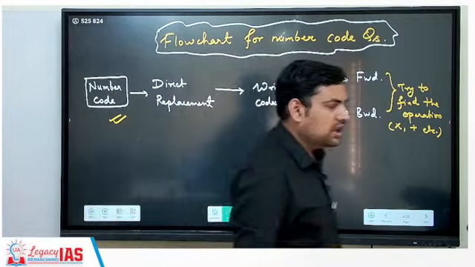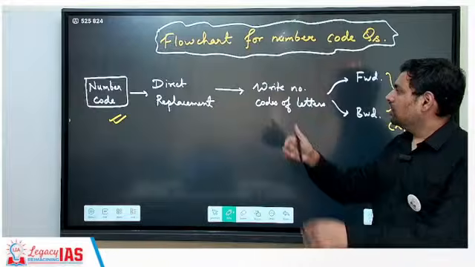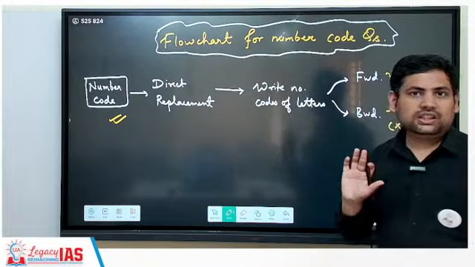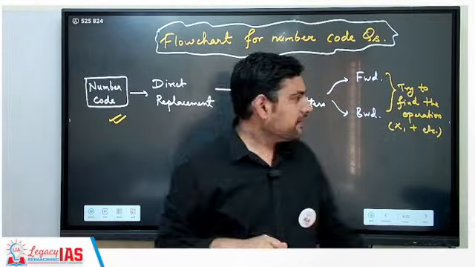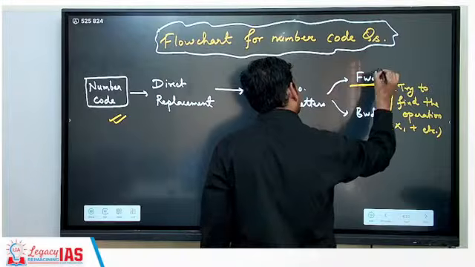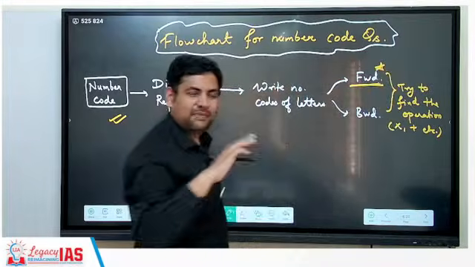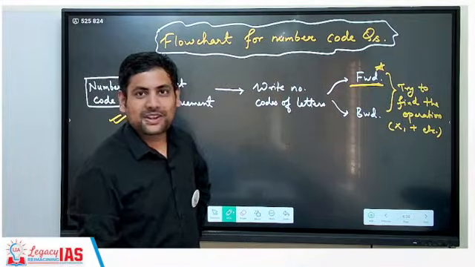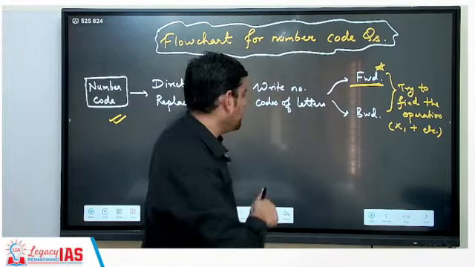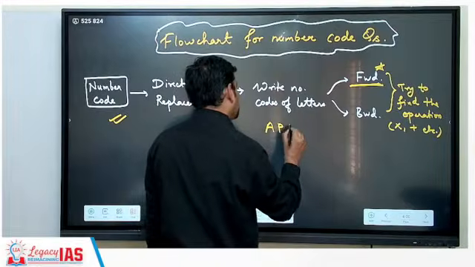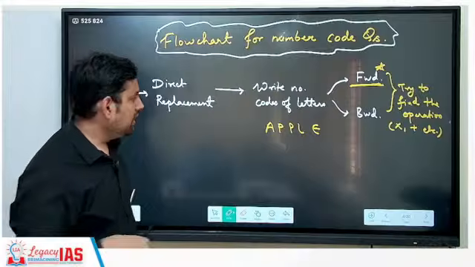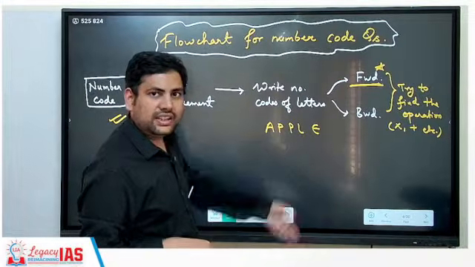If this does not work, now you write the number codes for each of the letters that are used, in both forward and backward direction. Usually I just suggest you write in the forward direction, backward is usually taken care of. For example, if something was given about Apple, and I was not able to form it using direct replacement, then I will start writing the number codes.